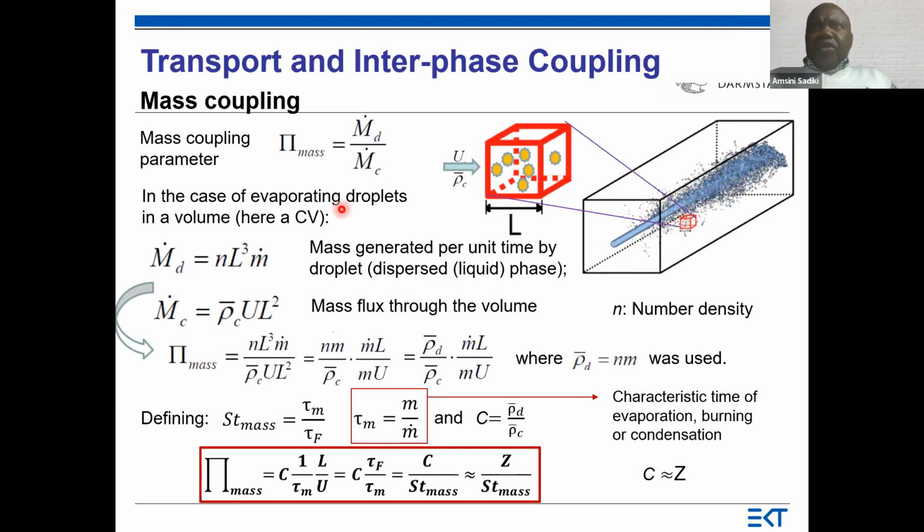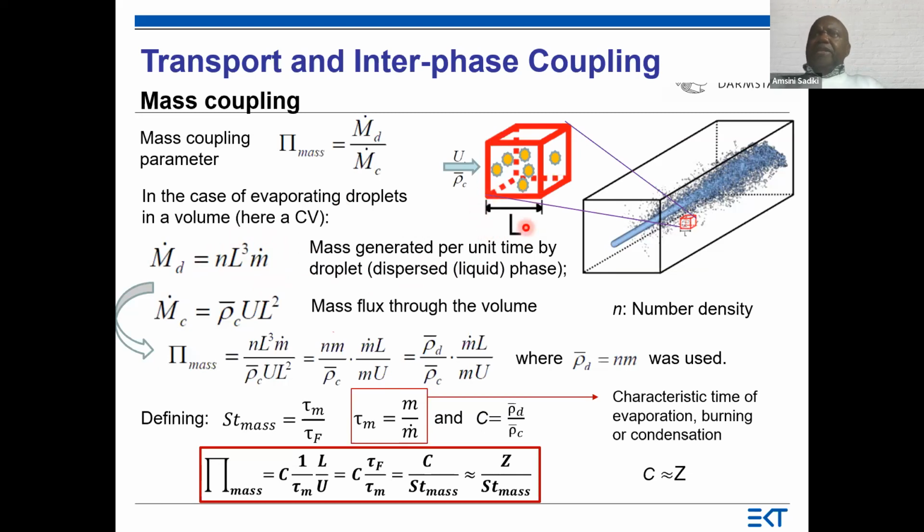We consider that the droplets are evaporated to get this interface coupling with respect to the mass. The mass generated per unit time by droplets will be this mass fraction multiplied by the number density of particles, the density of the particle, multiplied by the volume.